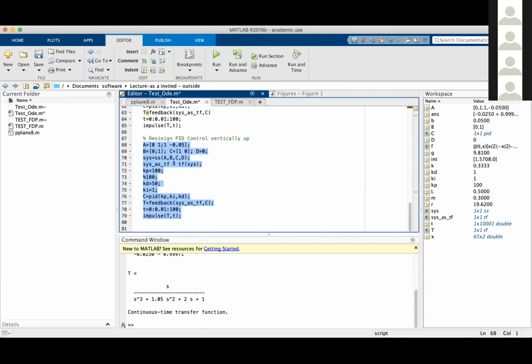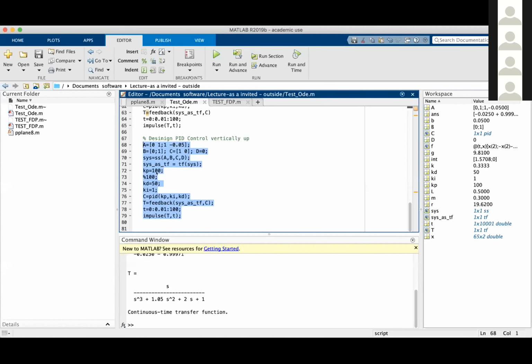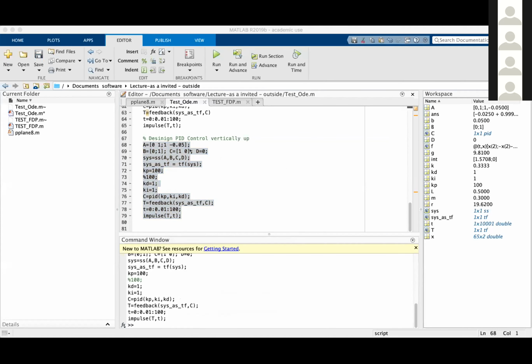It is going stable actually. Let me put this figure on. Yes, now we get the response.